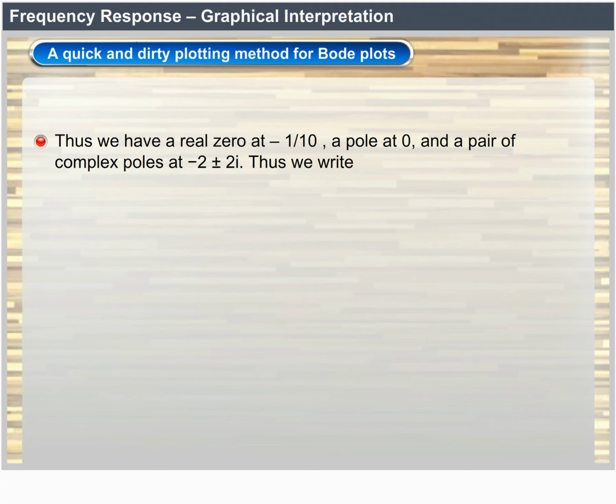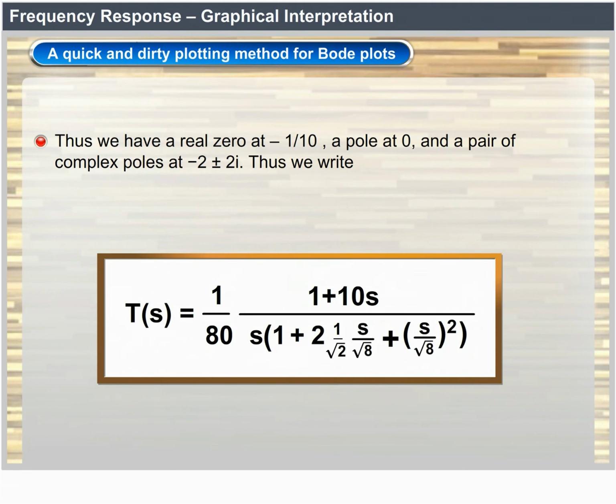Thus we write, substituting the expanded values, T(s) = (1/80) × (1 + 10s) divided by s × (1 + 2 × (1/√2) × s/√8 + (s/√8)²).